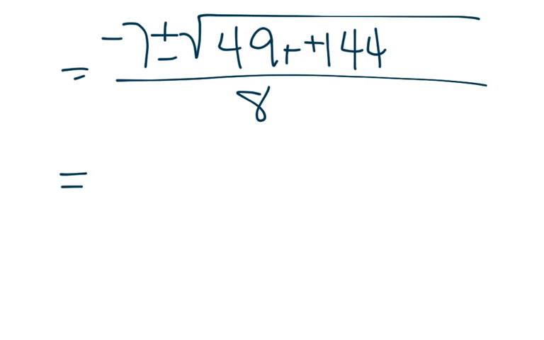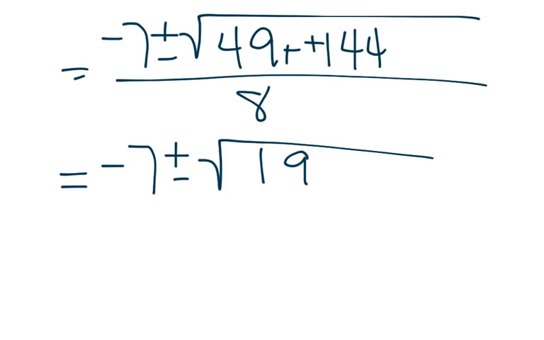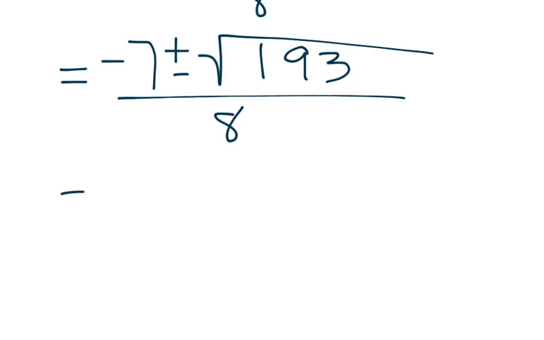So now we are going to continue simplifying. Negative 7 plus or minus 49 plus 144, which is 193 over 8, and then we want to find the square root of 193. So we have negative 7 plus or minus the square root of 193. Whoops. Once we find the square root, we don't need that sign anymore.